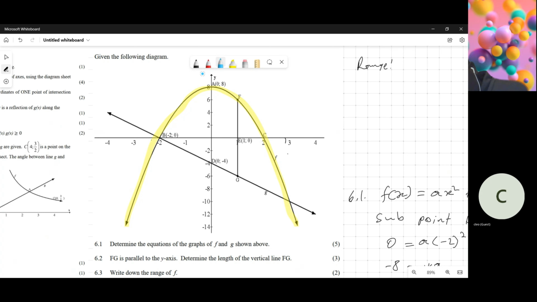What is the value of q in this graph? In this graph, the one that we're doing now, what is the value of q? Tendo, what is the value of q?